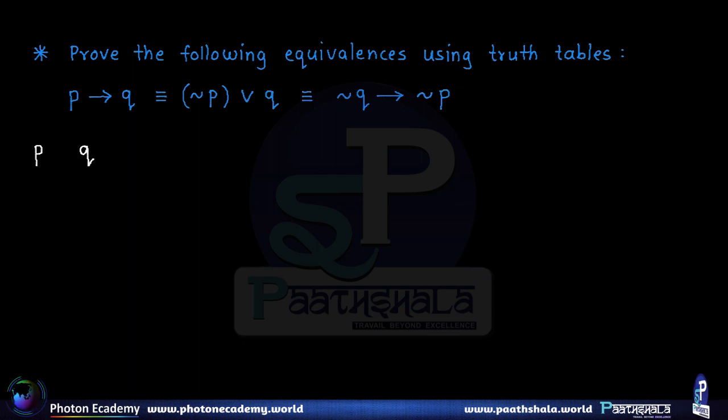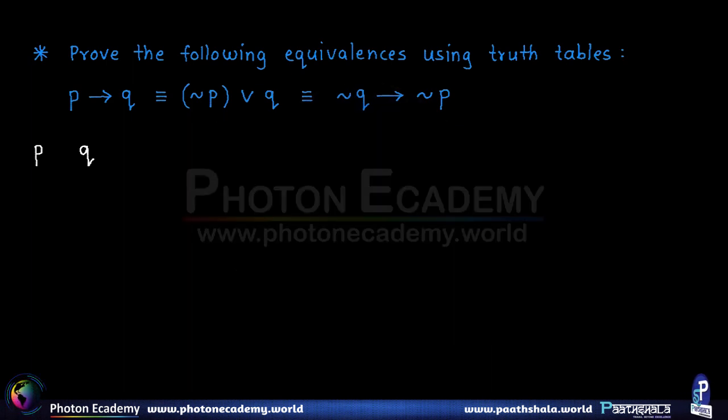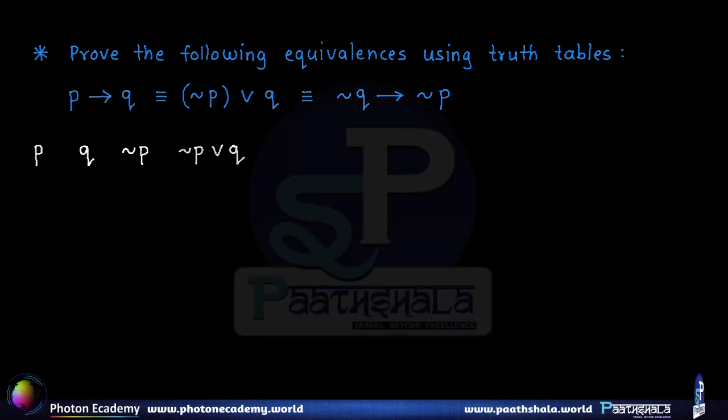First we write, of course, the primary columns P and Q. Then, if we look at the second statement pattern, we need the column of negation P, so we make it. Then we write negation P or Q. Or better, we first have to prepare the implication also.